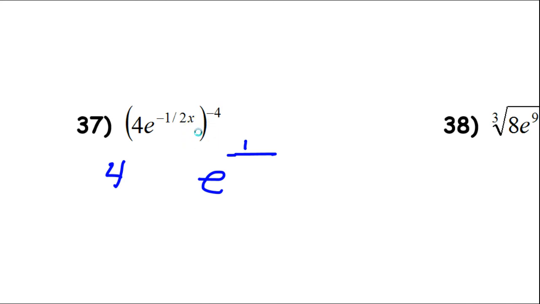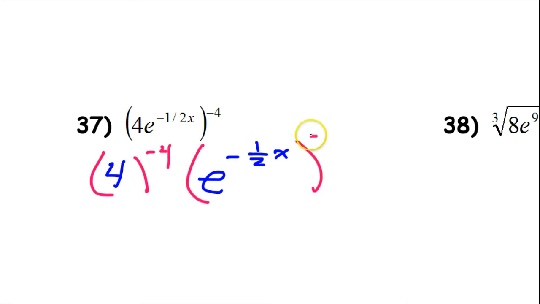Or is this supposed to be like negative 1/2 x? Alright, I think this is supposed to be like negative 1/2 x. So as I do the negative 4th power, I'm doing the negative 4th power to each one of these things separately.